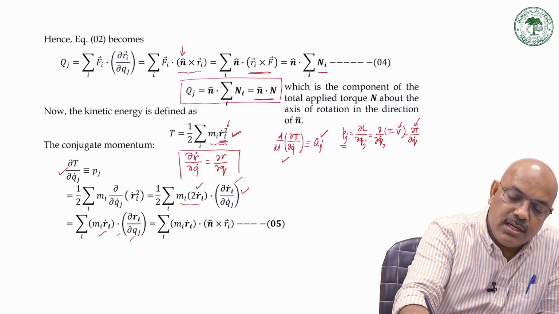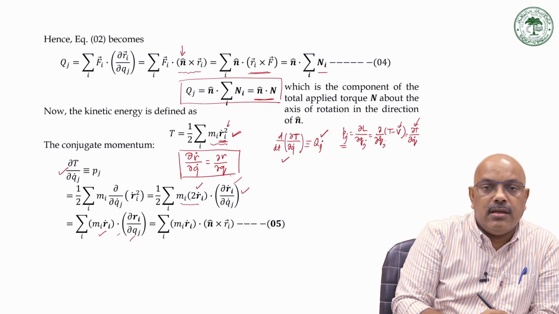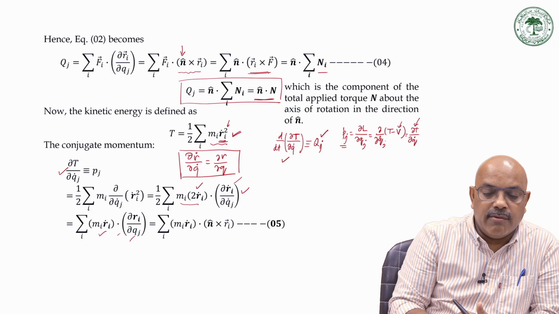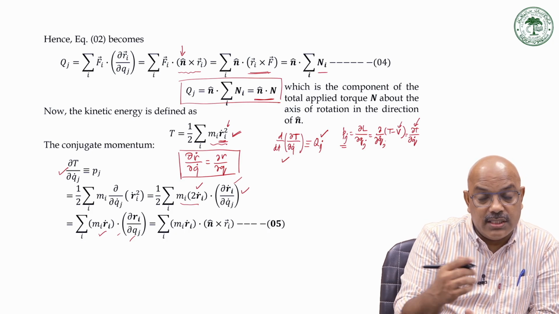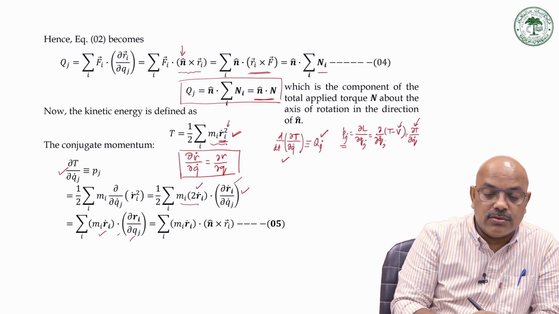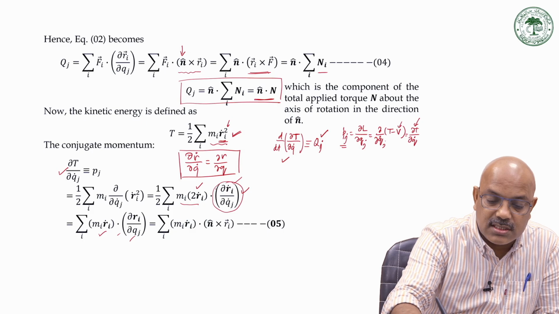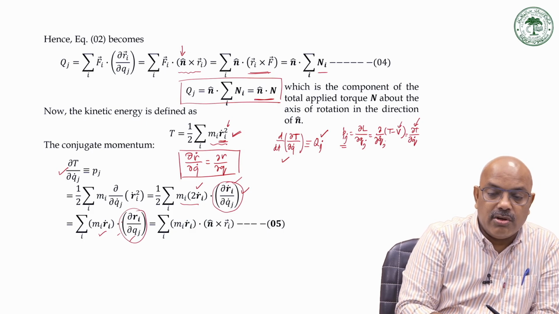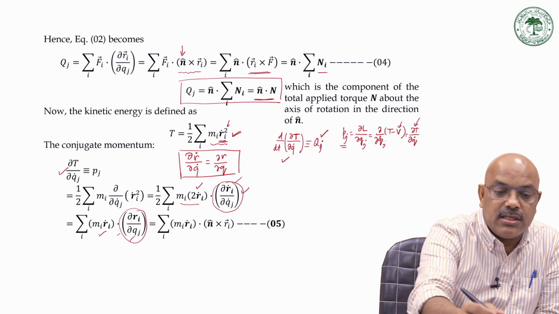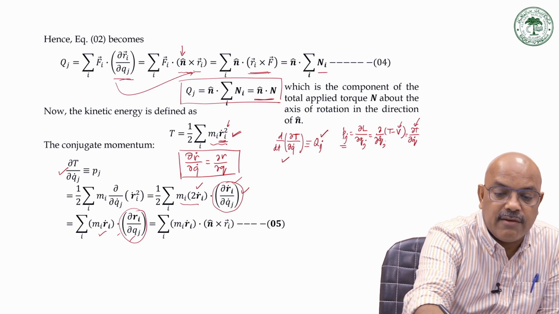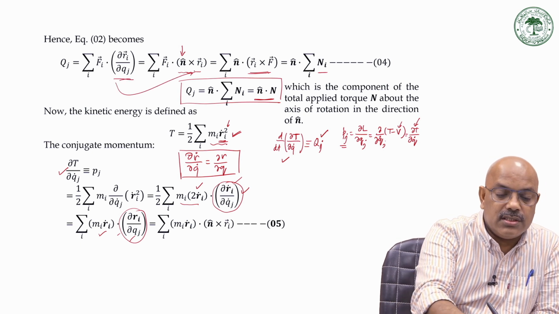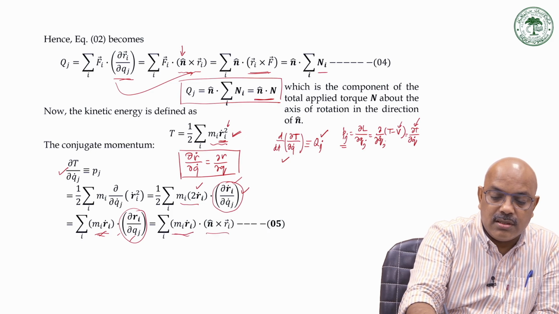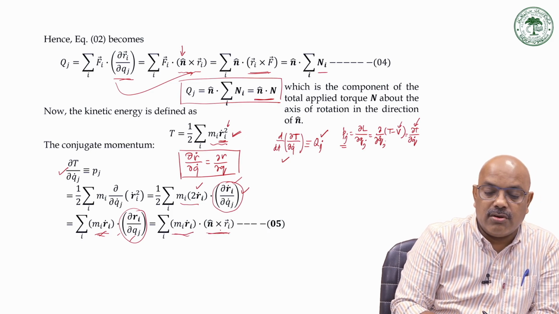We had already proved it in earlier lectures, when we were defining the generalized coordinate and generalized velocity. So in place of this, I can put delta R by delta Qj, and because we have delta R by delta Qj as n cross R, this is mi ri dot, dot product with n cross ri.